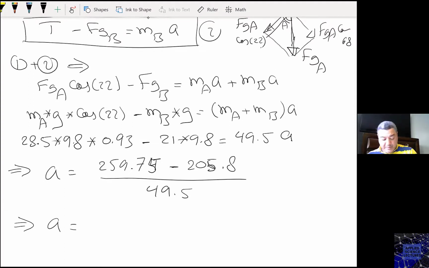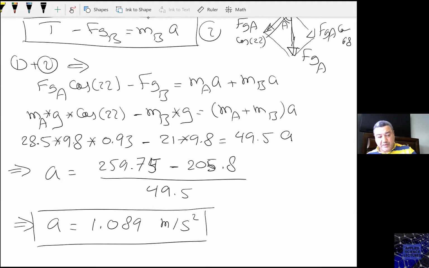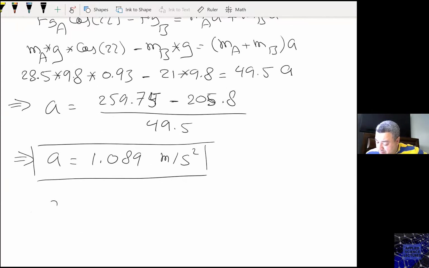This gives a: 259.75 minus 205.8 divided by 49.5 is 1.089 meters per second squared. So this is the magnitude. If you want to write it as a vector, say 1.089 meters per second squared upward.